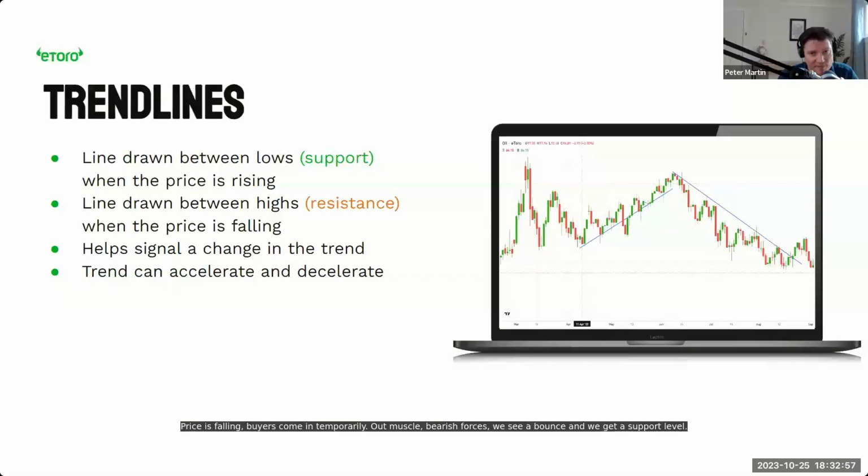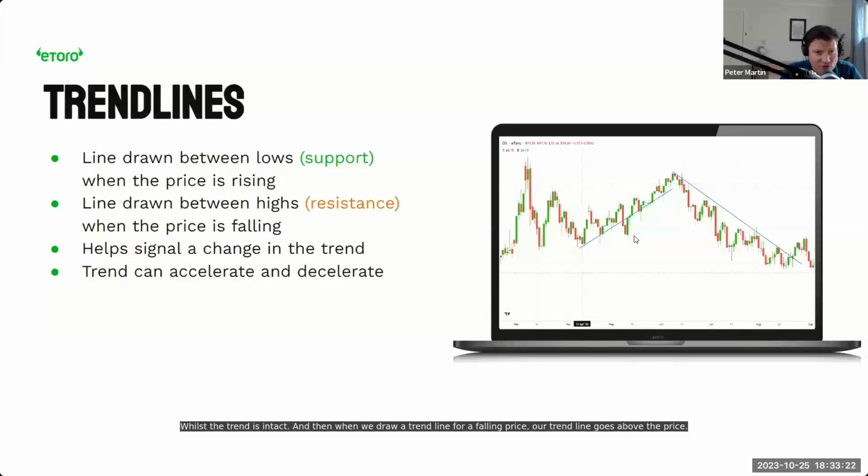Price is falling, buyers come in temporarily, outmuscle bearish forces, we see a bounce and we get a support level. So in an uptrend, the trend line shows that the support is ever higher whilst the trend is intact.